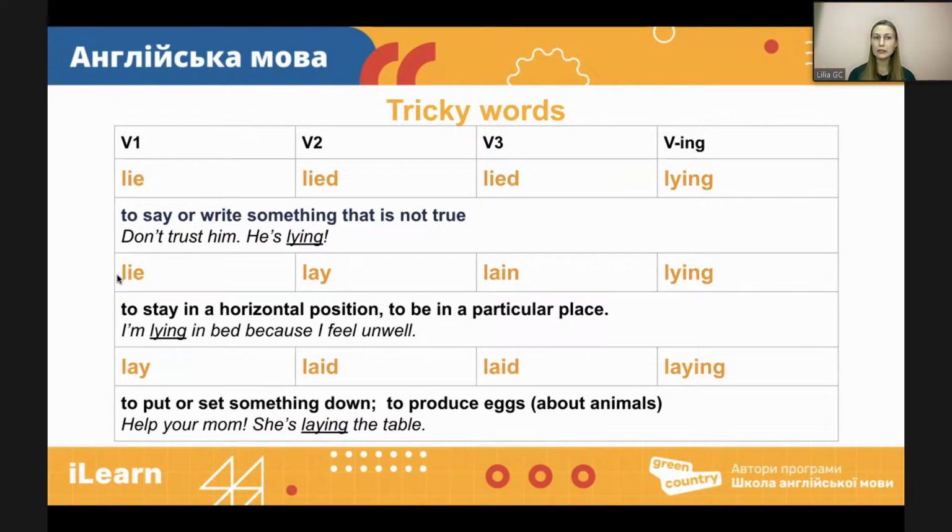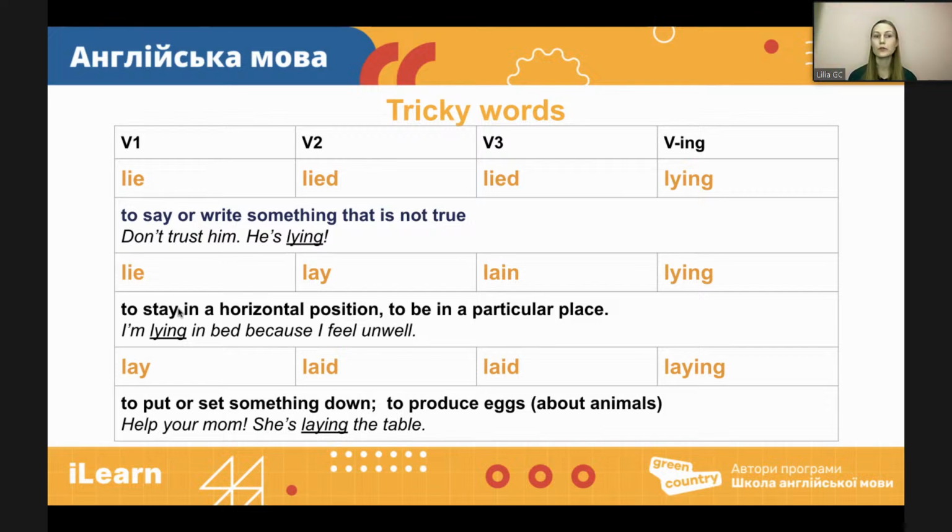Or it could be lie, like лягти, лежати, and so on. So to stay in horizontal position. And they change differently. So the second form of lie, which is брехати, would be regular, so we add ed ending. He lied to me yesterday. He has just lied to me in the third form. And lying would be with ing, changing I for y.